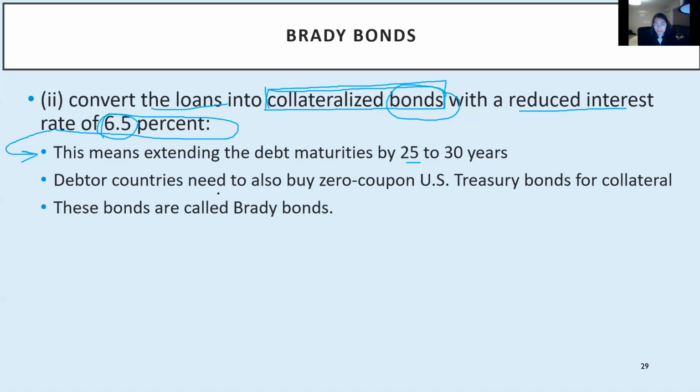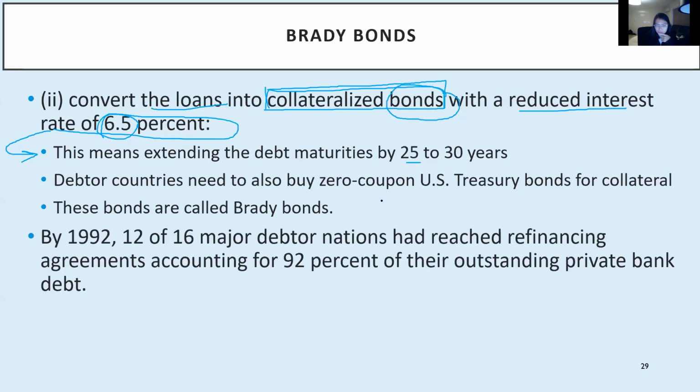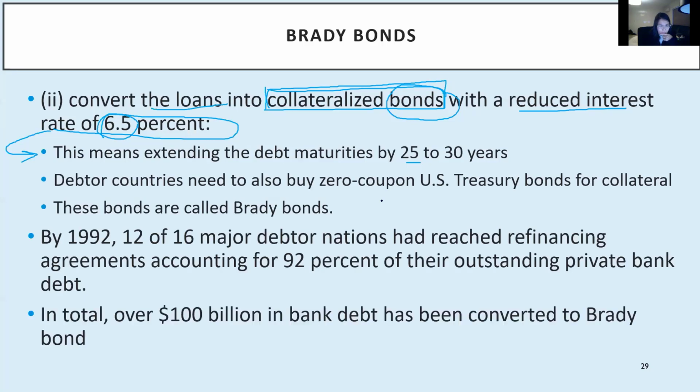So as we mentioned before, because this was proposed by Brady, it was later called Brady bonds, okay? So in total, the Brady bonds were used to solve the problem of the Latin American countries. And by 1992, most of the countries have got out of the trouble, okay?